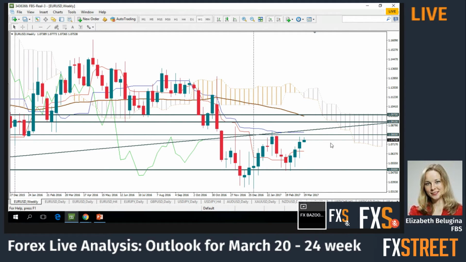So it will be an obstacle for the price, but the movement above 108.50, this level, will show that the price broke above 2017 highs, and this will be a kind of double bottom formation. So we'll likely see this push to the upside.